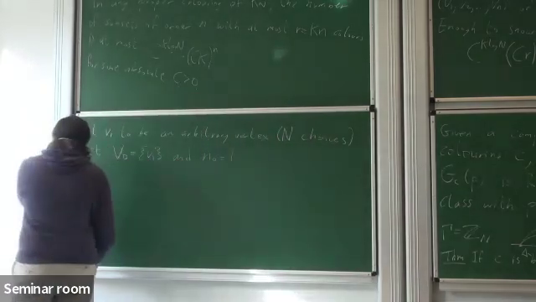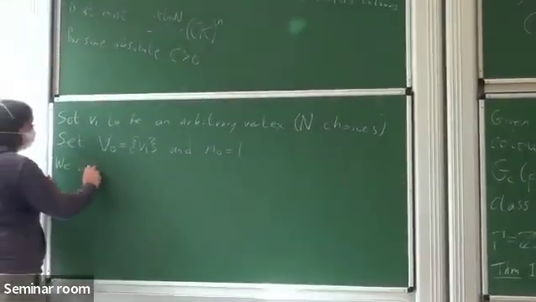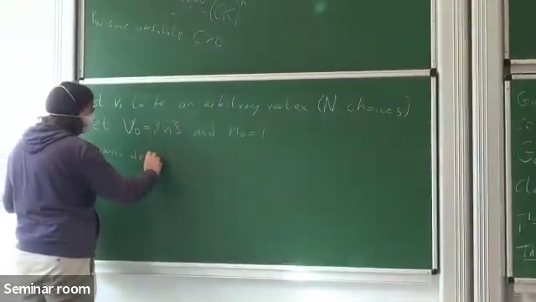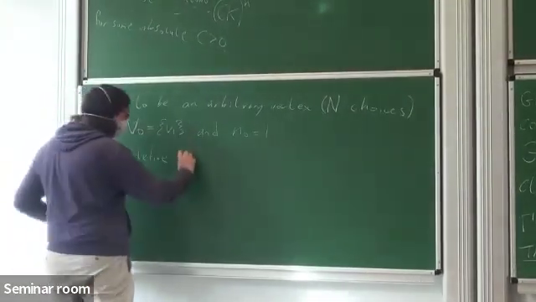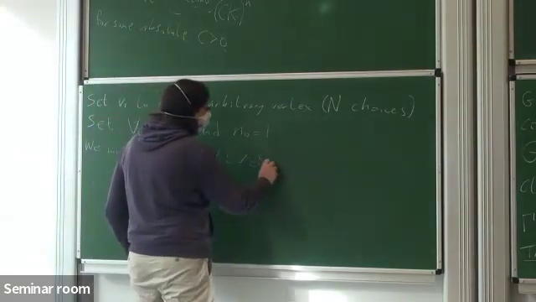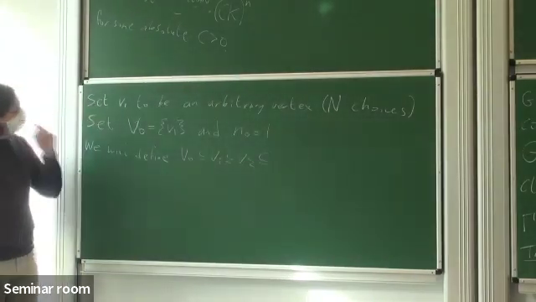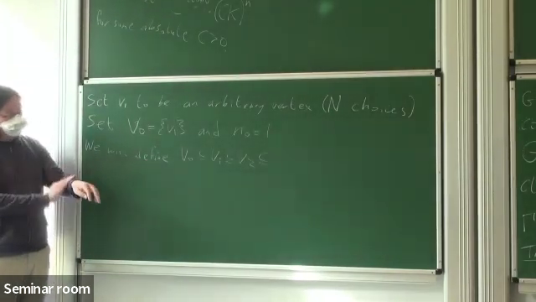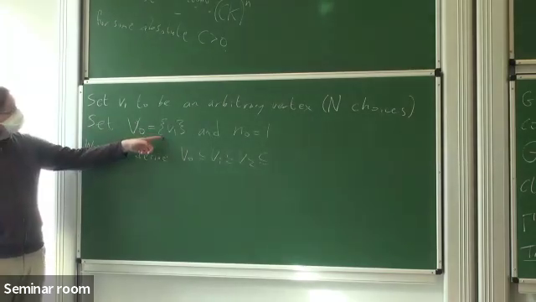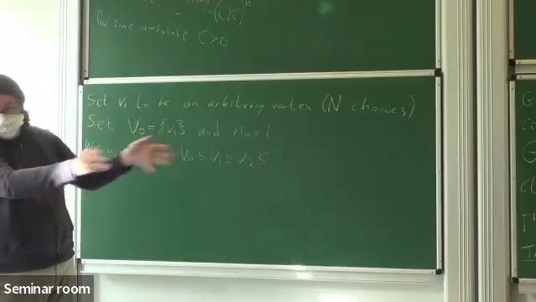To begin with, we will define V0, subset of V1, subset of V2, and so on. Basically, we define these sets, and inside V1 up to Vn, the vertices appear in some order, not necessarily the order you actually see.